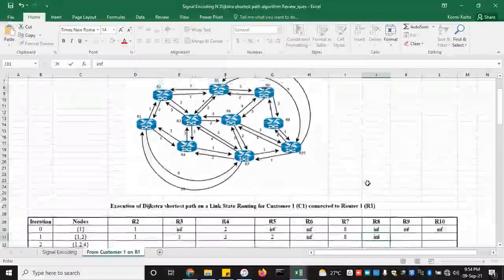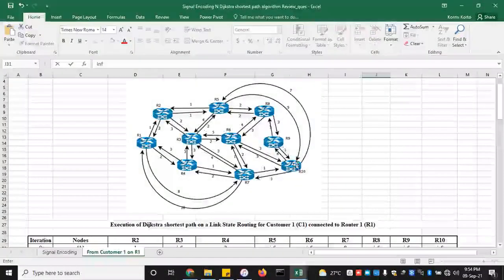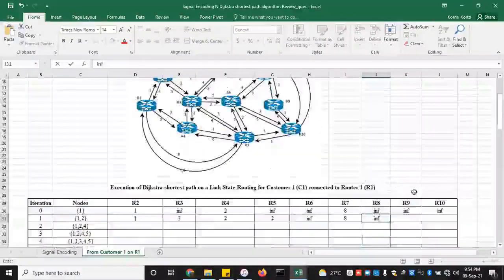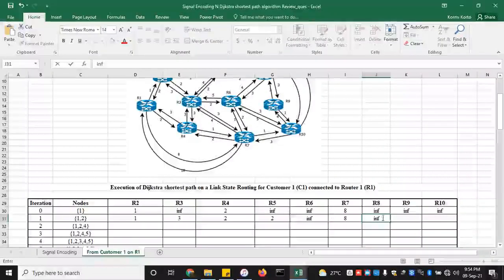And I'm pretty sure that would apply to 9 and 10 as well, since they're way off from the 1 and 2 nodes that we have for our second iteration. So these two will continue to be infinite.